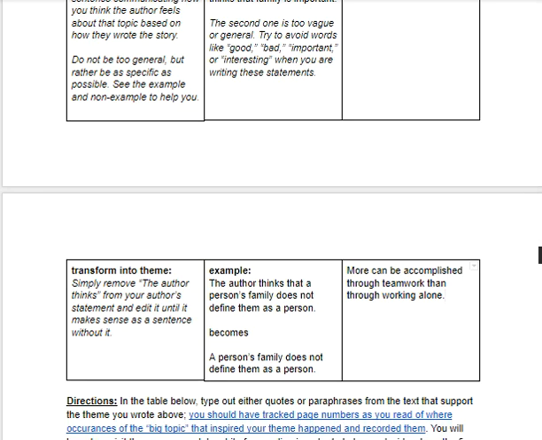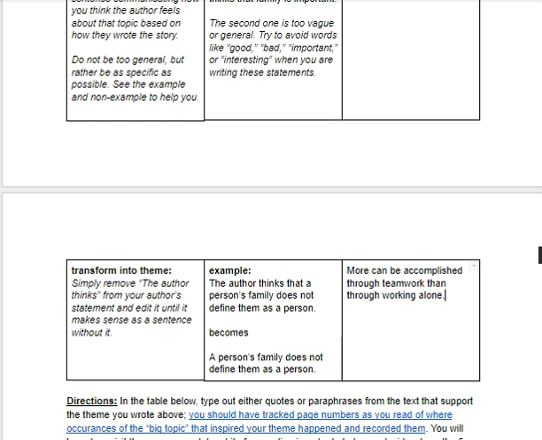A theme is more or less a life lesson that a literary work is trying to teach. What you're trying to determine is a universal truth about life or the human experience that the author is communicating through their art.